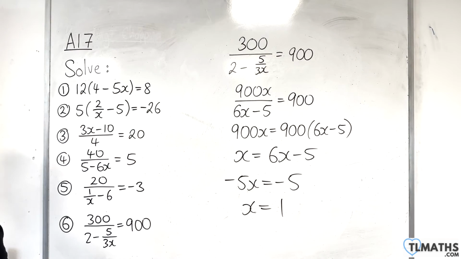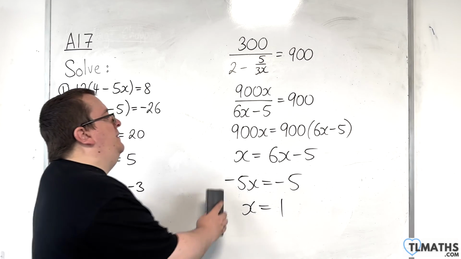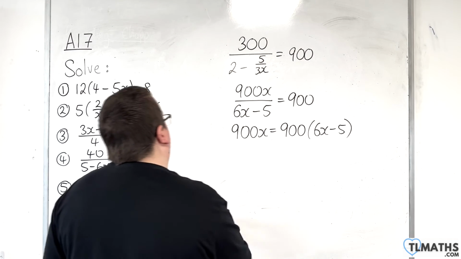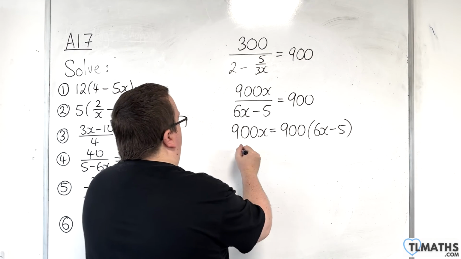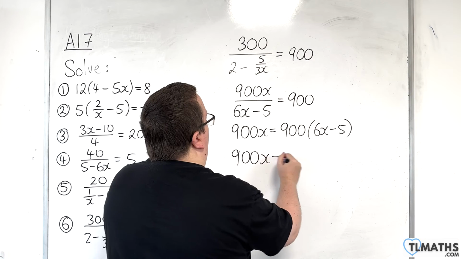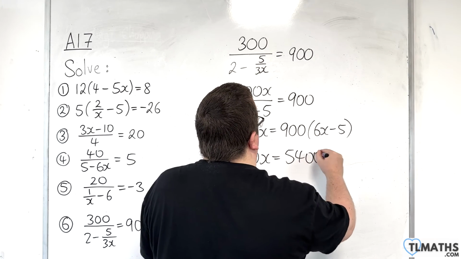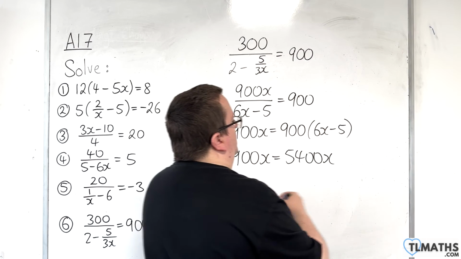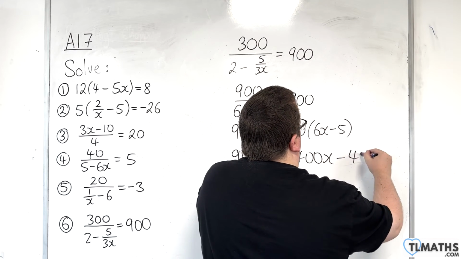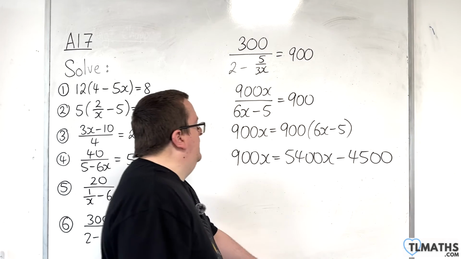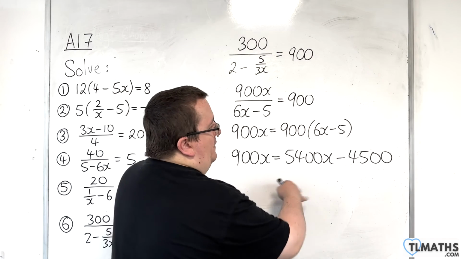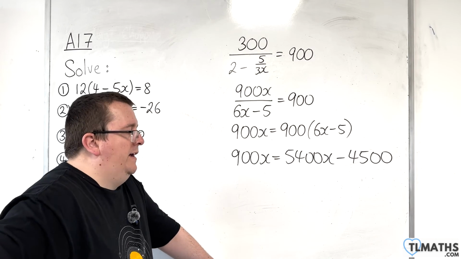So, you could have expanded the brackets here. If you did, this is how nasty you would have got. 900x is equal to 900 times 6, which is 5,400x. Then 900 times minus 5 is minus 4,500. And then I've got to subtract 5,400 from 900.